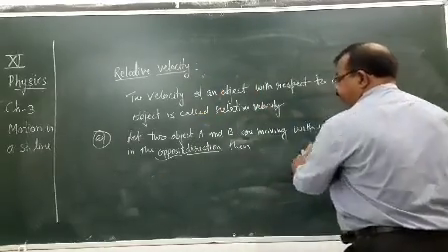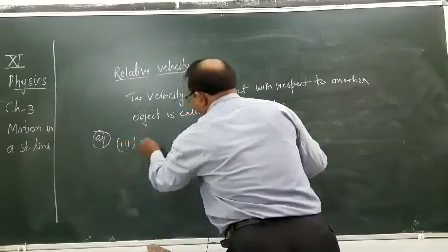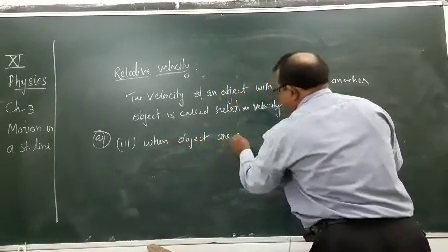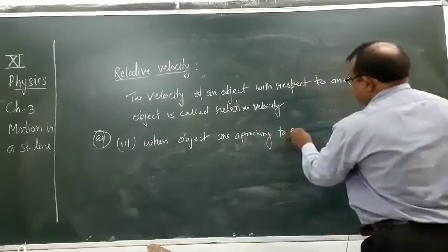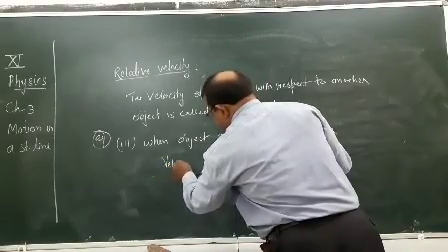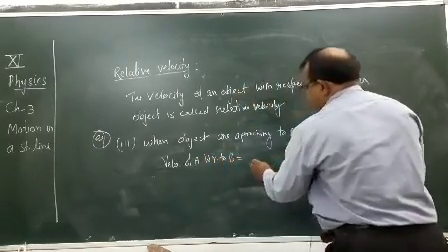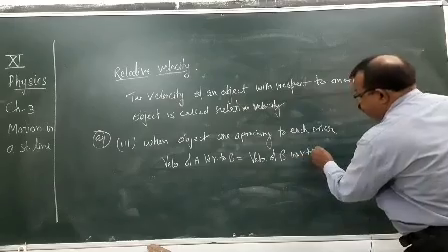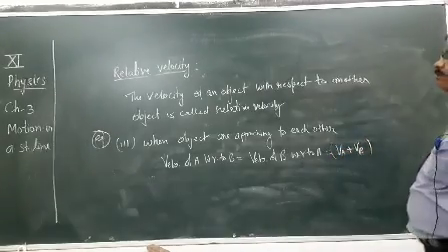So, case number three: when objects are approaching each other, the velocity of A with respect to B, or of B with respect to A, is equal to VA plus VB.